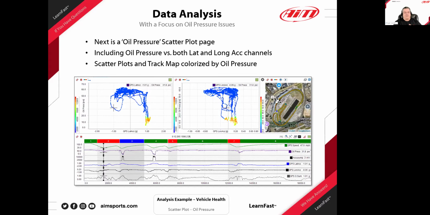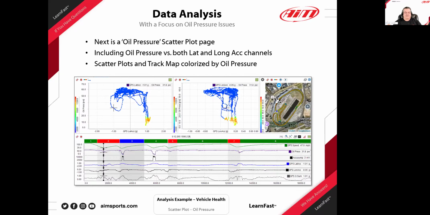So if the type of racing that you're doing, whether it's rally or off-road or some of those types where you have some up and down motion as well, make sure you check your x-axis, the vertical axis as well, right? If you see some oil pressure drops, keep plugging in information till you figure out why you're seeing these drops.